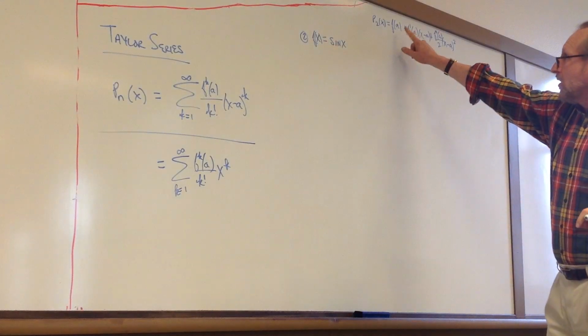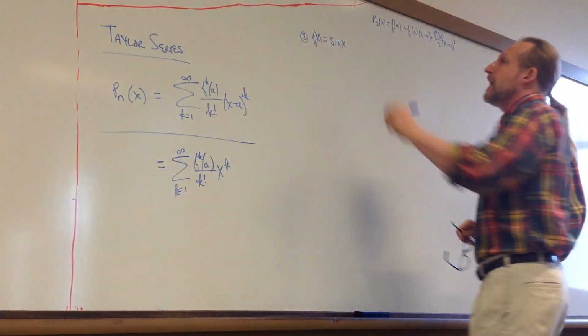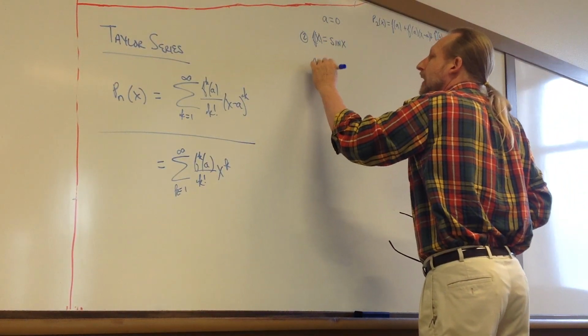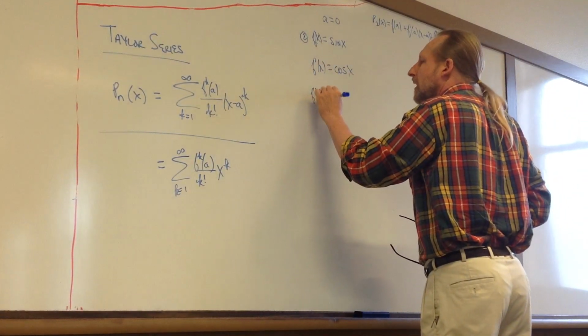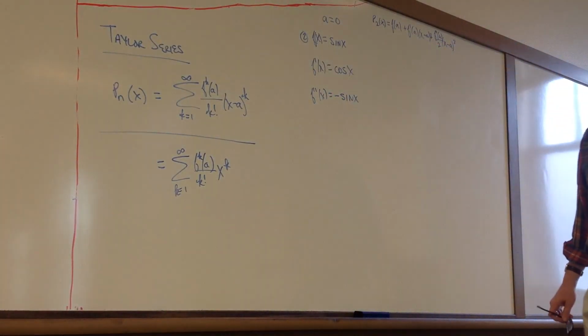So we need to know what's f of a, what's f prime of a, what's f double prime of a for a equal to 0. So f prime of the sine is going to be the cosine. f double prime will give us the negative sine.